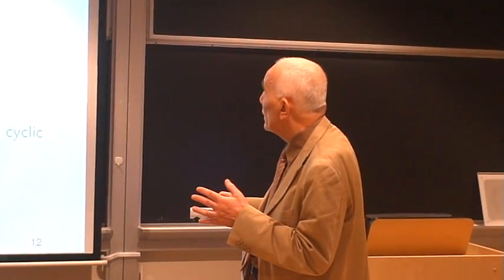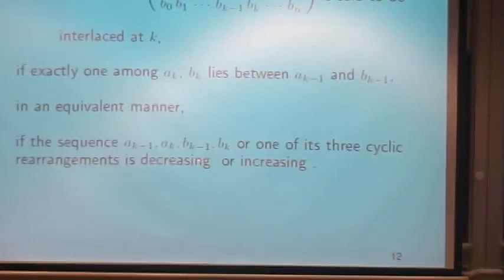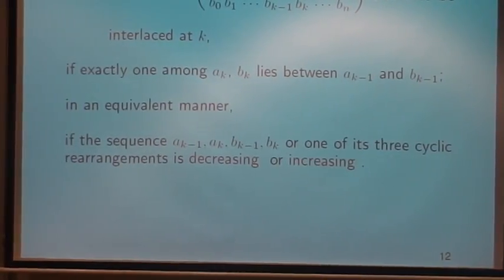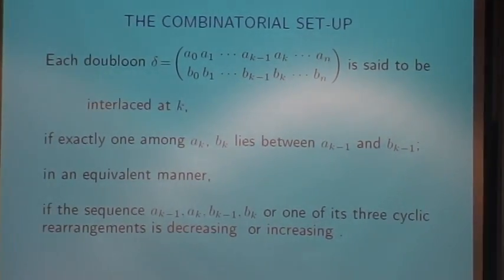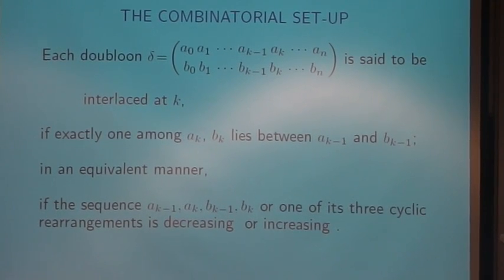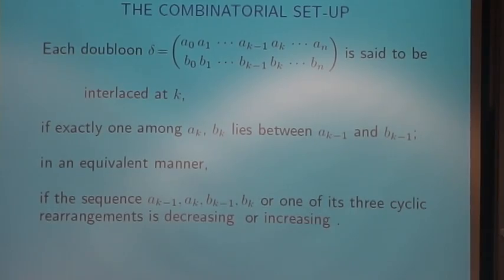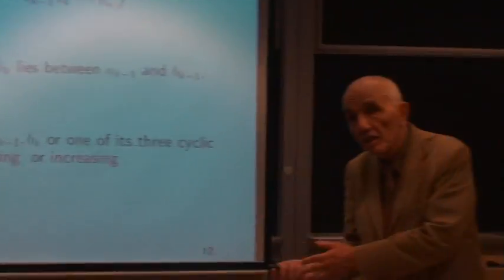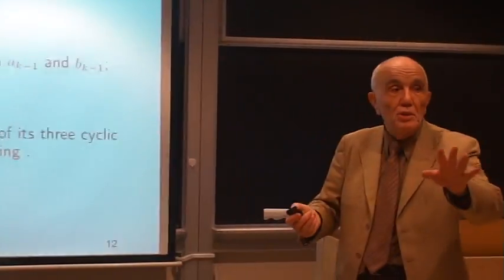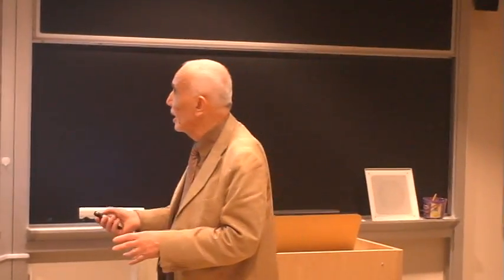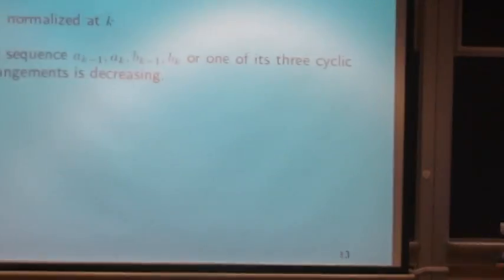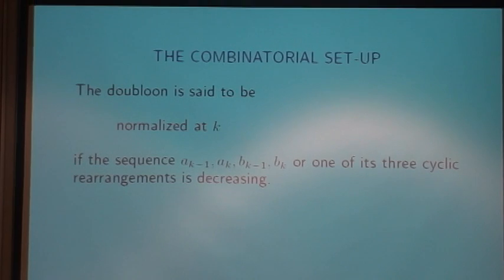The doubloon will be interlaced, let's take this definition, if A_{k-1}, A_k, B_{k-1}, B_k, or one of its three cyclic rearrangements, is strictly increasing or strictly decreasing. We are going to see an example in a few moments. And the next concept is normalized.